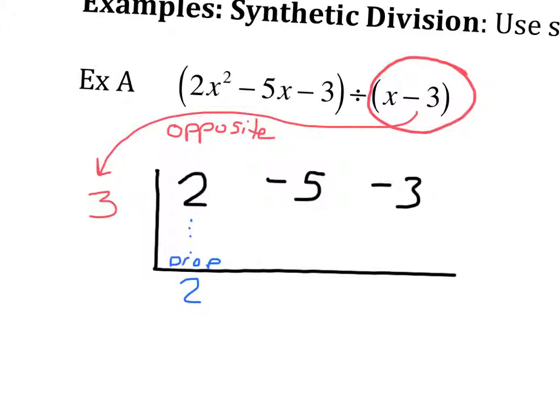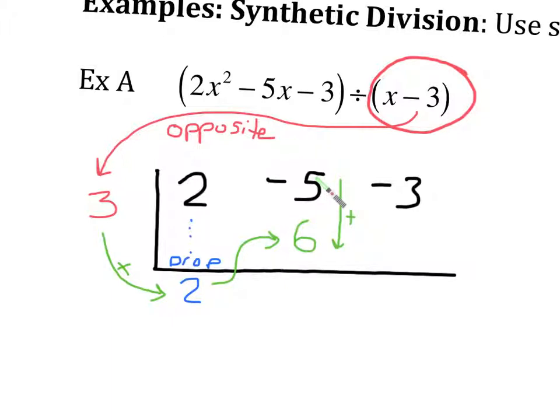Next, what we have to do is multiply these two, and we're going to place the answer over there. The product goes over there. So 3 times 2 is +6. And every single time, all we do is add down.